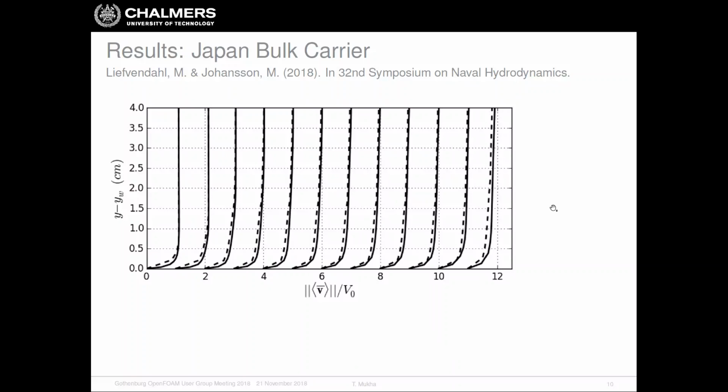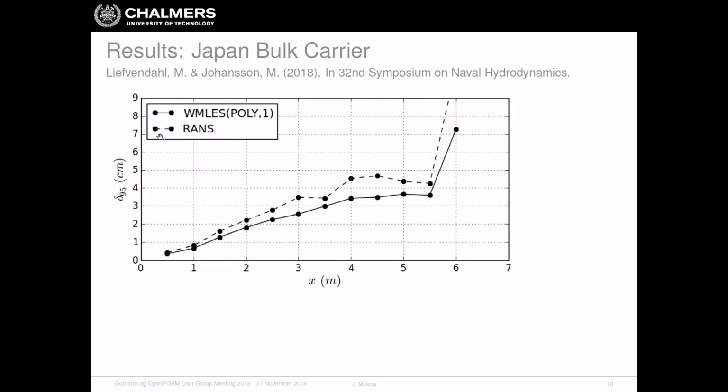Looking at the velocity profiles here along several downstream locations, we see pretty much that the profiles look quite similar for both the RANS and the WallModelled LES. And again, we see that at a given station, the boundary layer that we get with the RANS, so that's the dotted one, right? Yeah, the dashed line is the RANS.